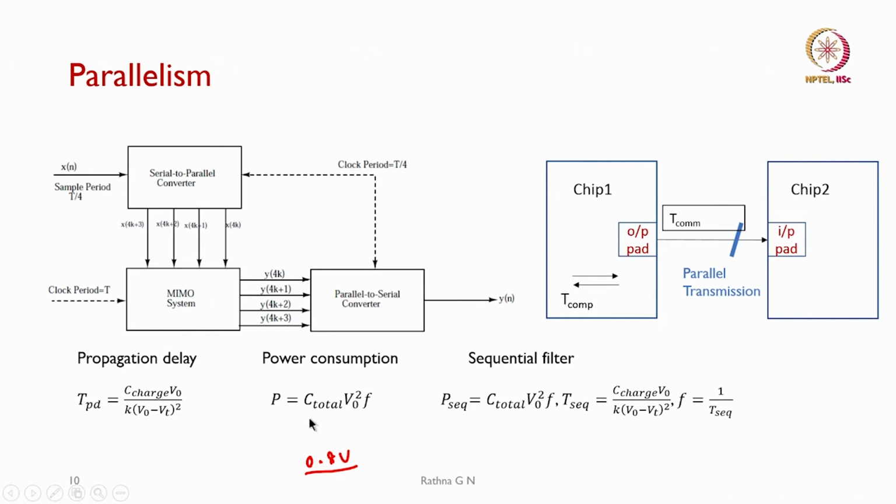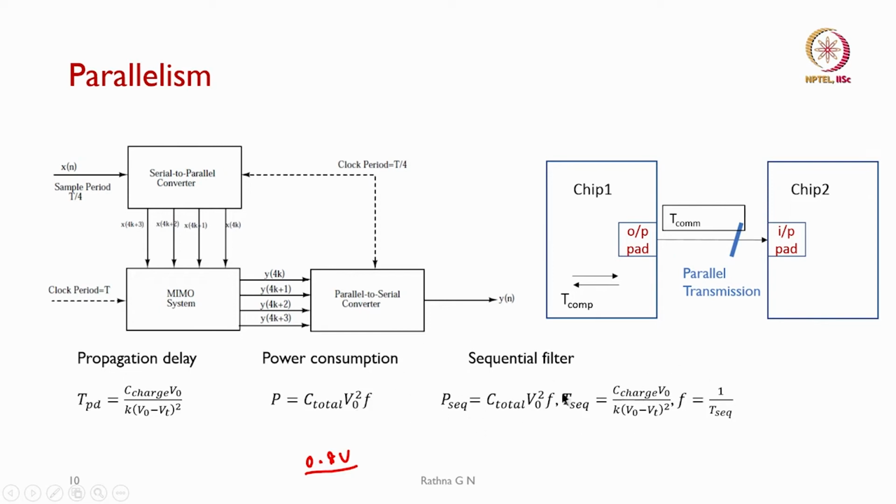We can reduce our power quite considerably, and it is directly proportional to frequency. If I want to operate at higher frequencies, we will go with parallelism or pipelining, but if I want to operate at the same frequency but at reduced power consumption, then I can go with the optimal input voltage at which we can operate.